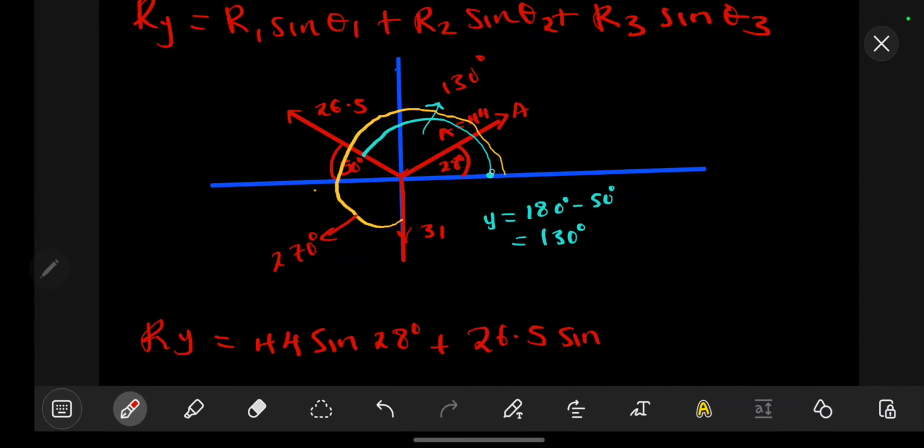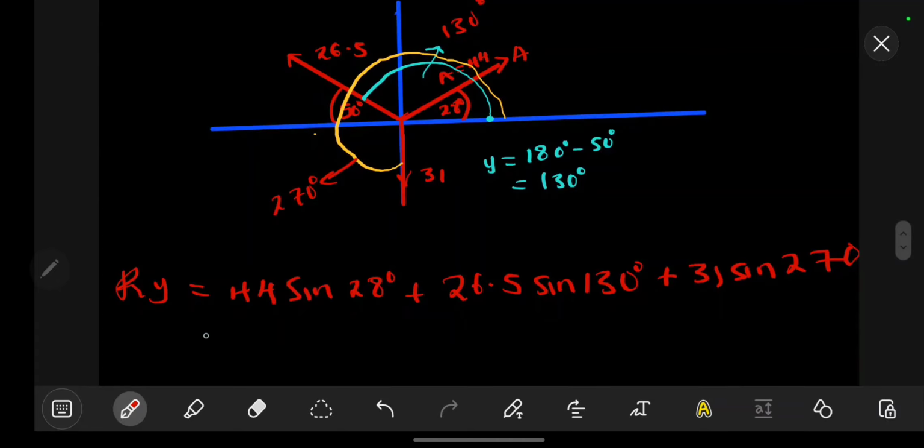We measured this angle from the positive x-axis and got 130 degrees. Then plus we have 31, with the sine of the angle measured from the positive x-axis, which is 270 degrees.